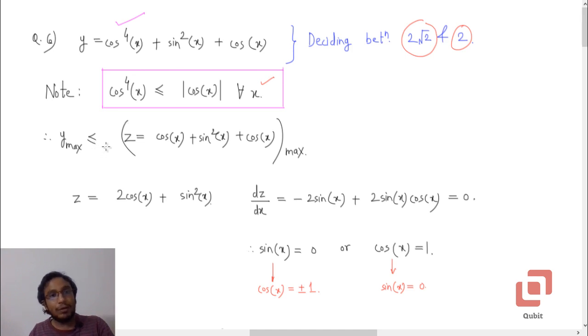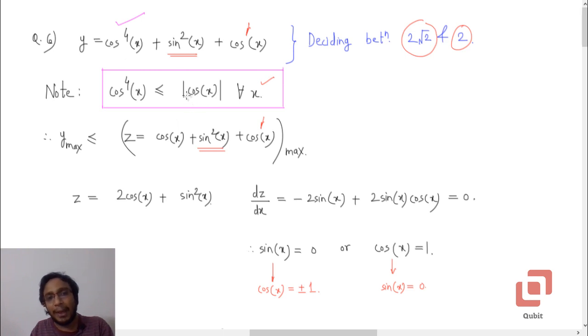So what we can say is that the maximum value of y is less than or equal to the maximum value of the function cos x plus sin squared x plus cos x. Essentially here we are not changing sin squared x and cos x, we are keeping them as they are, but we are using the fact that cos raised to 4 x is always less than or equal to mod of cos x.